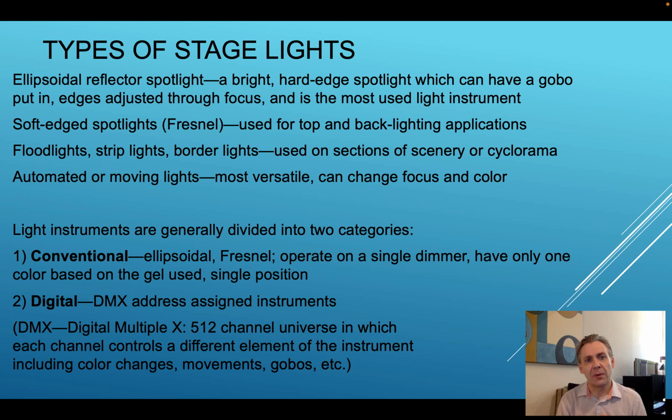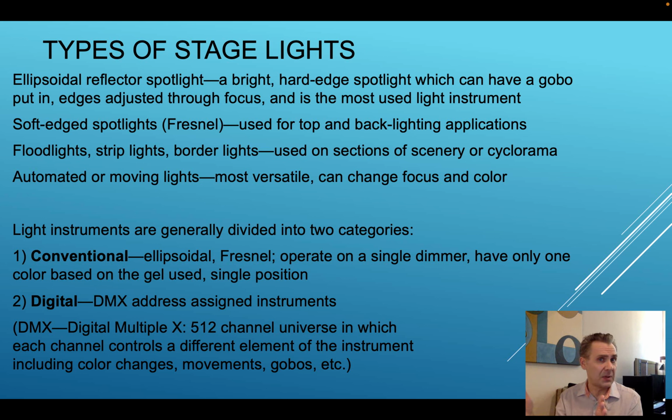Here's why that's important. A big automated mover may require 30 of those 512 channels because each channel controls something. There might be one channel that controls it moving right or left, one channel that controls it moving up or down, one channel that controls it rotating, one channel that controls color, one channel that controls certain gobos that are inside.